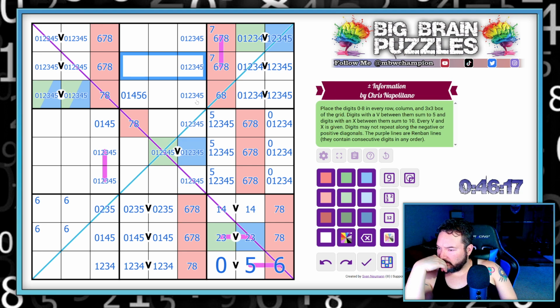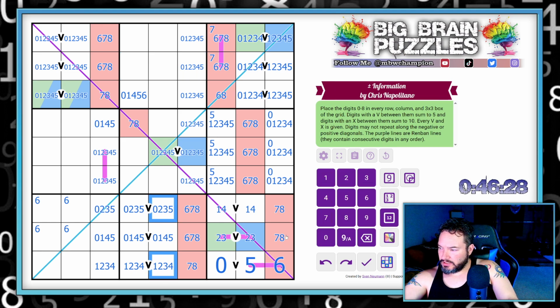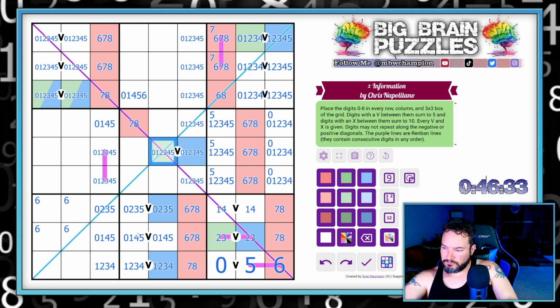Both of them. I know the blue has to go somewhere here because the green's already there. So that means the green goes here. So that means the blue has to go here. And the green has to go there, so that would be the green.